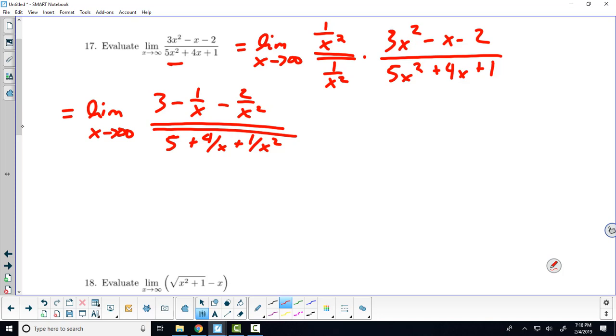This first time through, I'm going to show you all the steps. I normally would not show these steps here in green. You don't have to show them, but I want to show you how this works out, rather than just talking through it in the air. I'm now going to distribute the limit to both the numerator and the denominator. Can I do that? As long as the limit of the denominator doesn't come out to be 0.